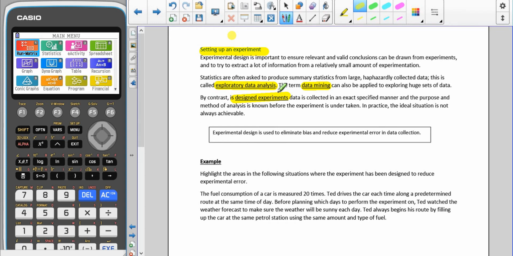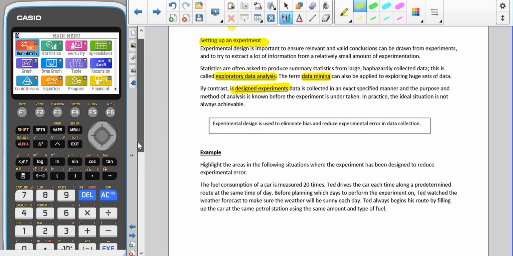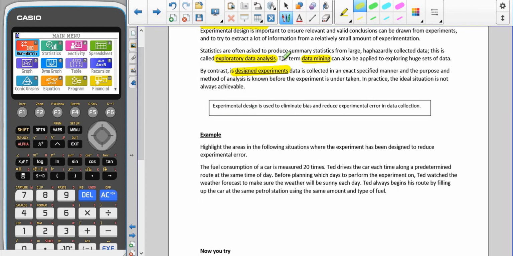So experimental design is used to eliminate bias and reduce experimental error in data collection. Quite often, though, because we're designing experiments, we need to be careful, because we already know what we want to test before we collect the data, that this doesn't sway the way we collect the data or the items we include in our analysis.